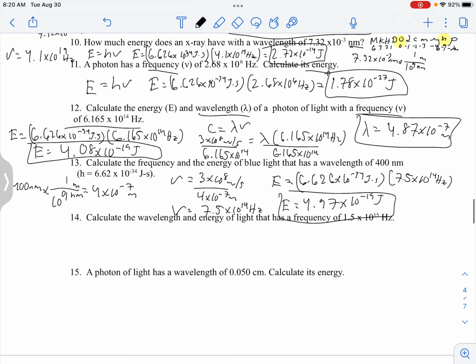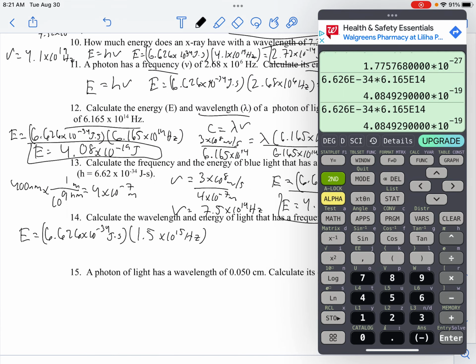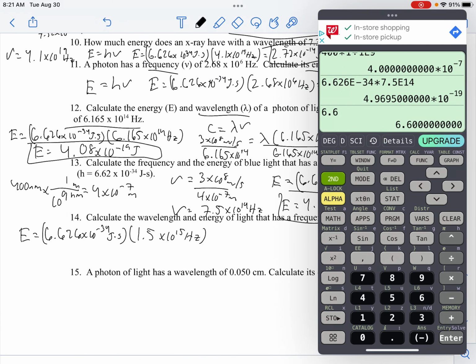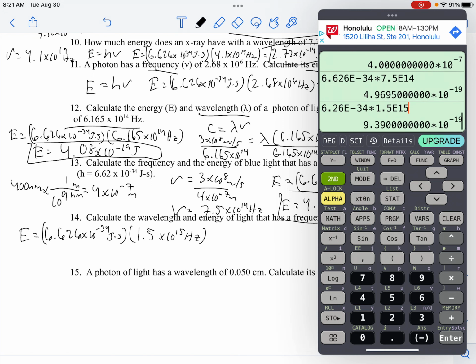Okay, next one. Wavelength and energy of light, frequency of 1.5 times 10 to the 15th. It's very much like number 12. Do the energy equation first: 6.626 times 10 to the negative 34 joules second, multiplied by the frequency, 1.5 times 10 to the 15th hertz. 6.626 e negative 34 times 1.5 e15.